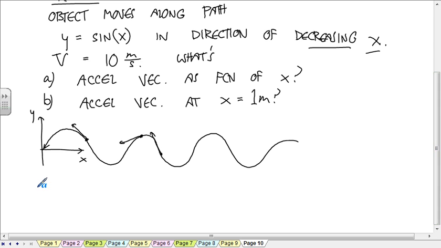Our velocity vector, so remember where we're going with this problem is the acceleration vector is equal to the derivative of the velocity vector with respect to x times the x component of the velocity. So we need the velocity vector for both of these two pieces.